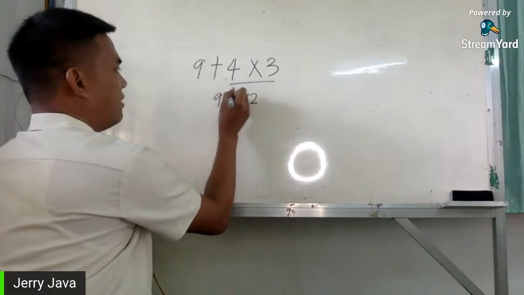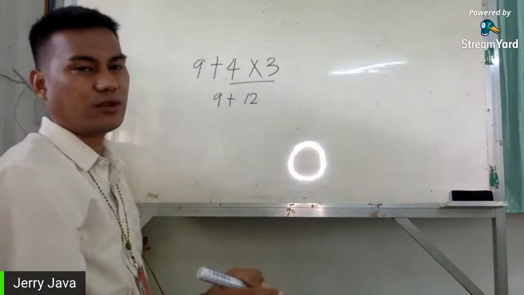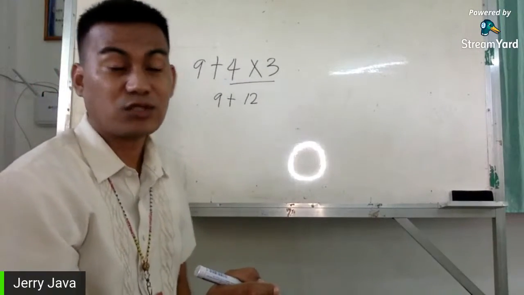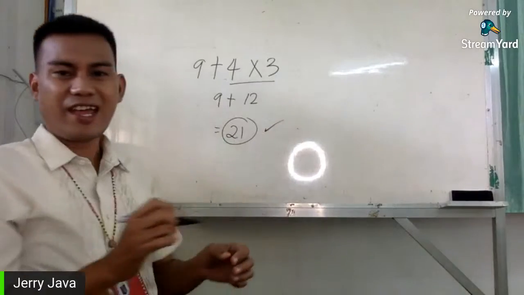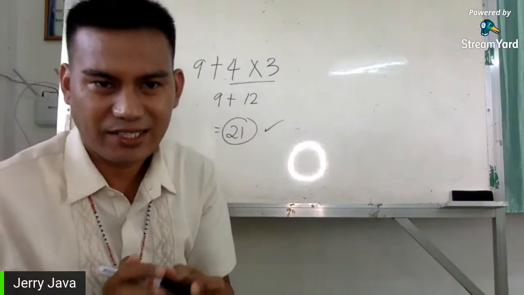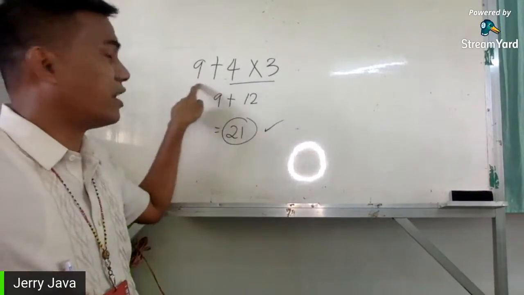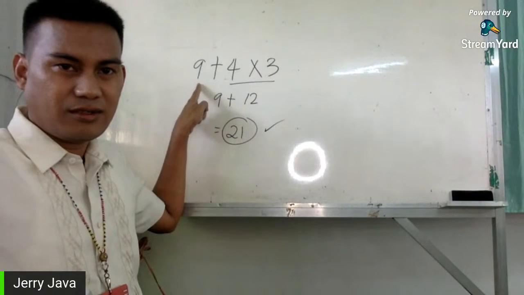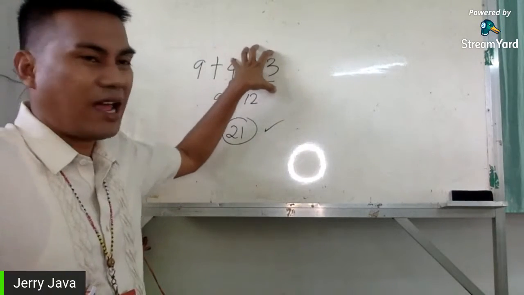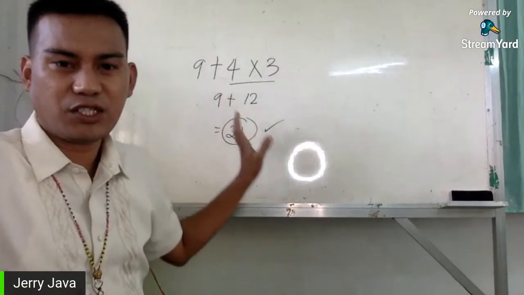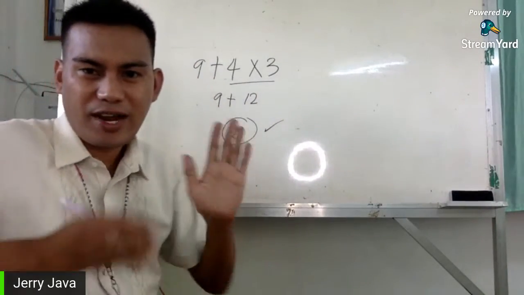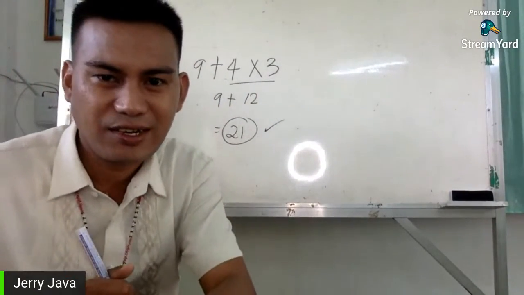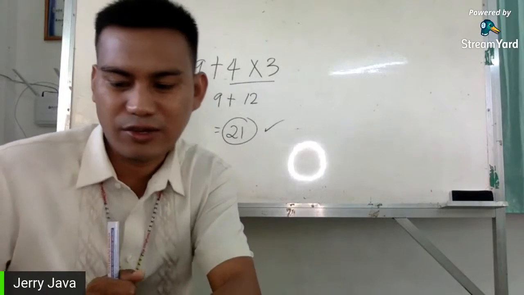Then 9 plus 12 gives you 21. Okay, check. 21 is correct. So do not start with 9 plus 4. You start with multiplying first. 4 times 3 gives you 12. Then add that to 9, which is equal to 21. Correct. Congratulations. Who got it? Okay, very good.